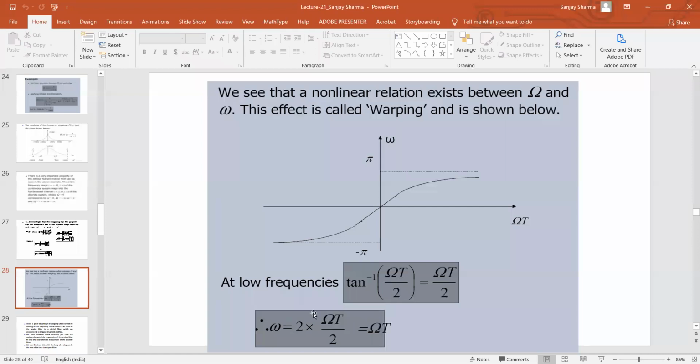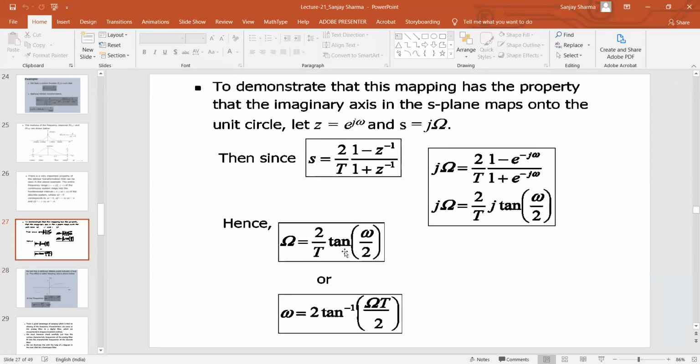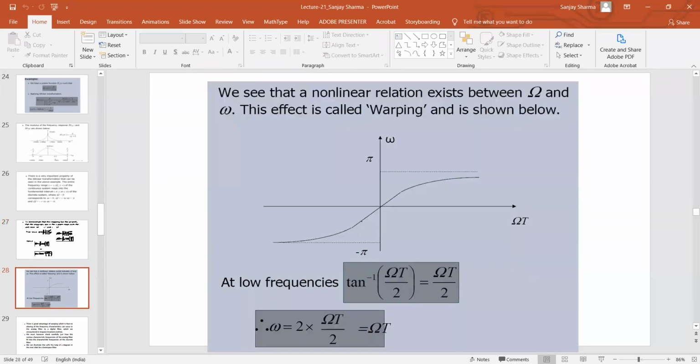And that means small omega is equal to, if we use this formula, when tan inverse of omega capital T by 2 is equal to omega capital T by 2, so what is my omega?